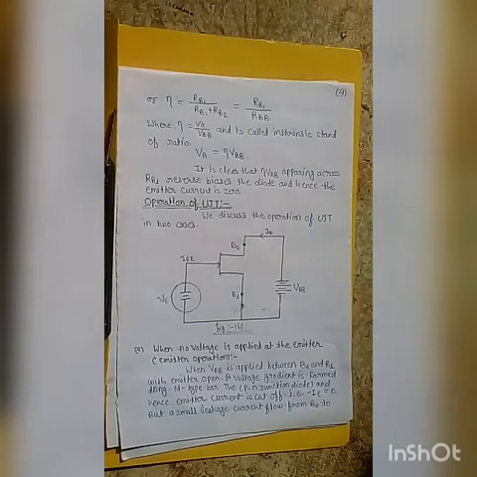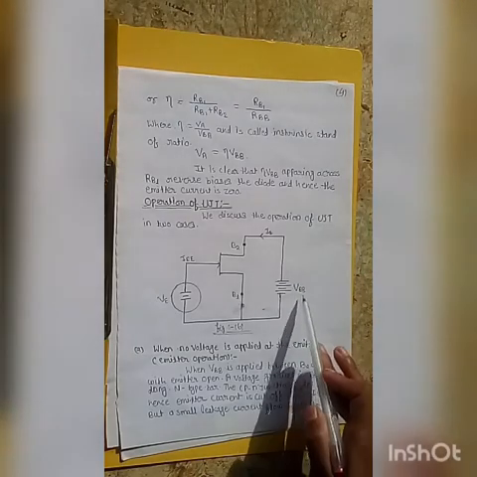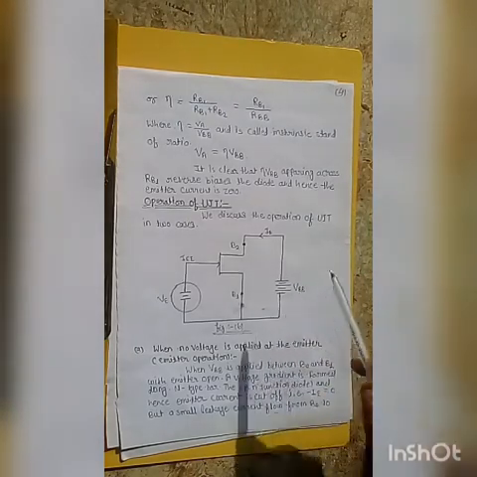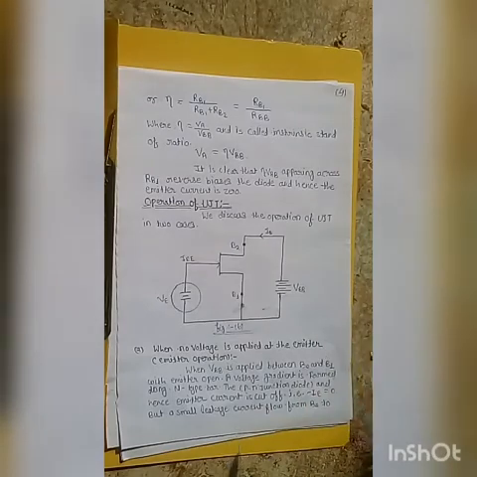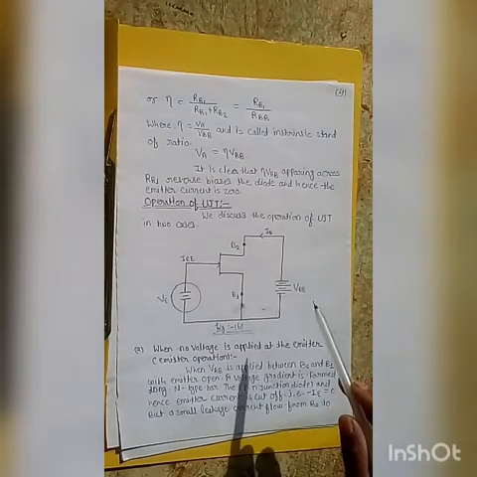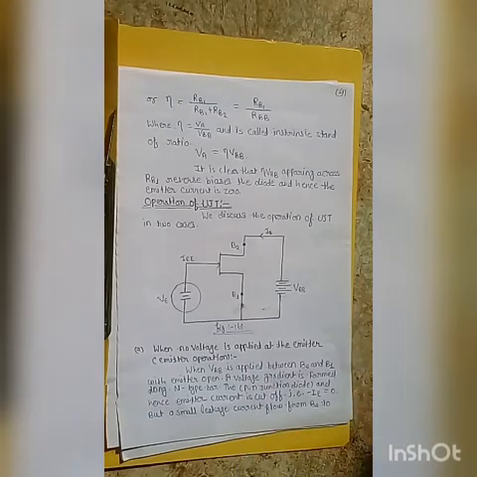When VBB is applied between B2 and B1 with emitter open, a voltage gradient is formed along the n-type bar, the PN junction is reverse biased, and hence emitter current is cut off.